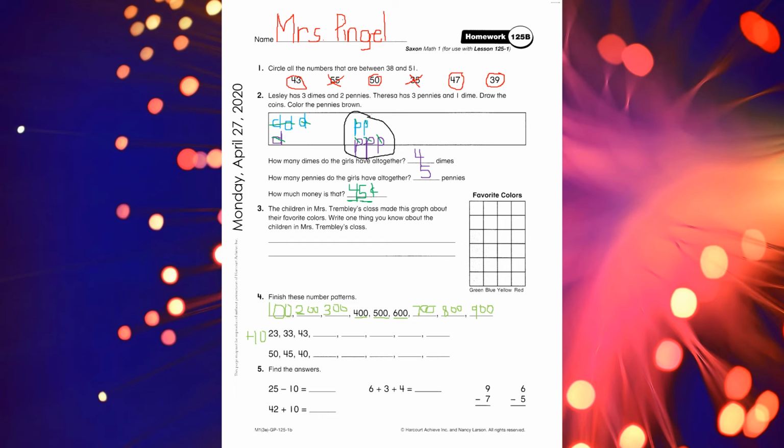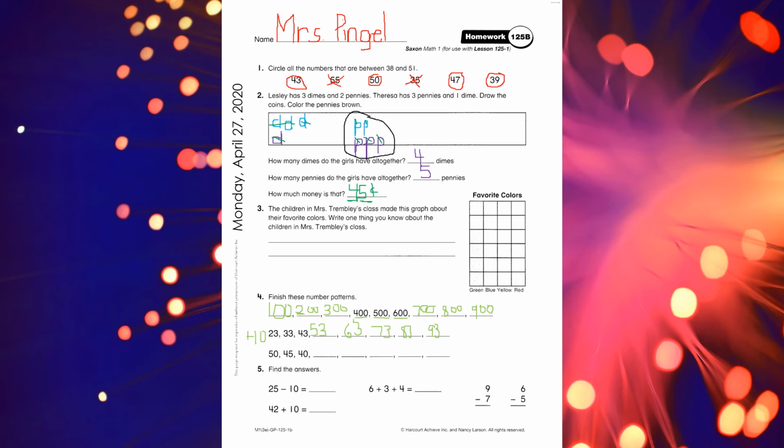The groups of 10 are going to go up. 23, 33, 43, 53, 63, 73, 83, and 93. Remember, the groups of 10 are increasing, but the ones stay the same. They all have 3 at the end.